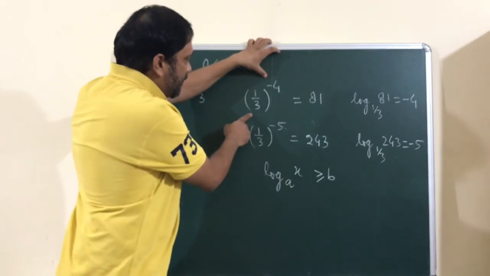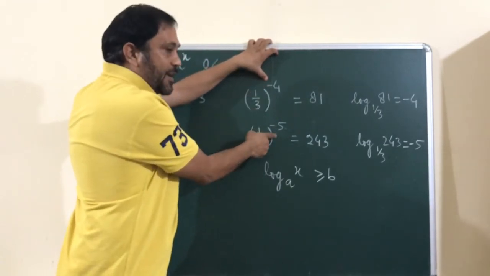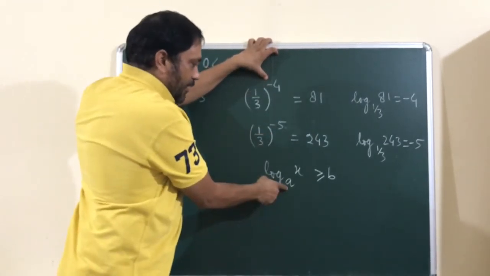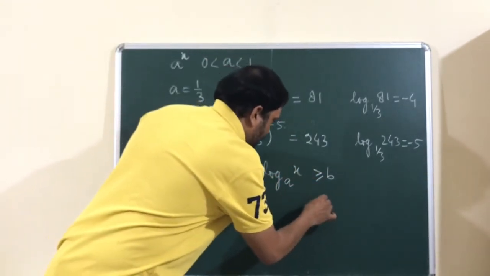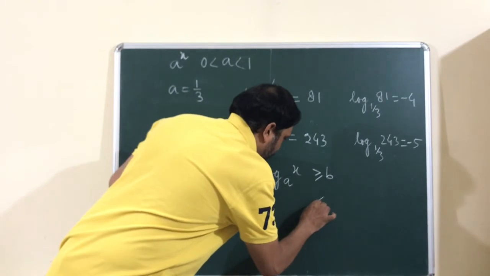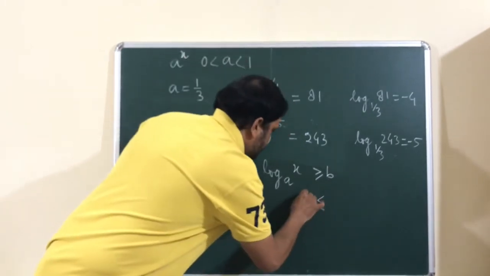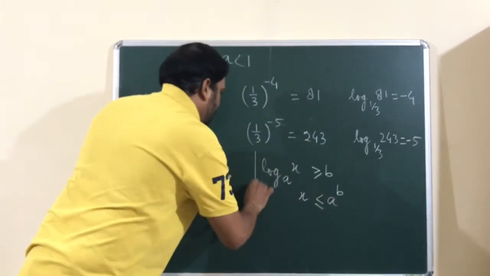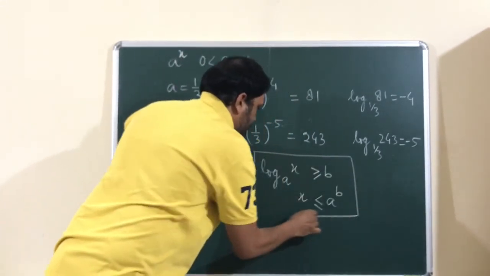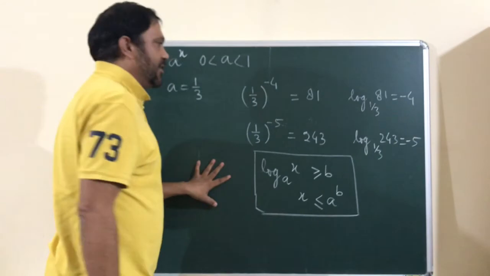In the case of 1 by 3, you are coming from minus 4 to minus 5. So you will have to decrease those values, which means you first have to change the sign of inequality. So x has to be less than or equal to a raised to the power b. Why? Because it's a decreasing function.